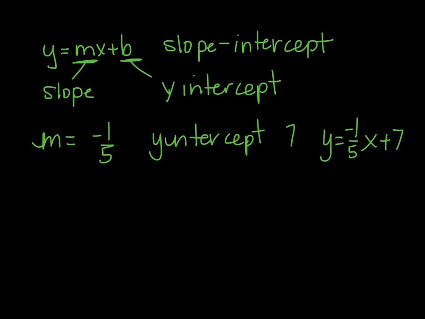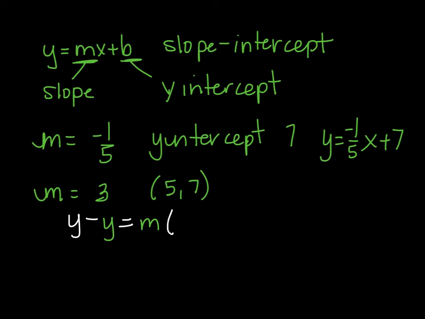But what if I were to tell you that the slope of the line is 3 and it goes through the point 5, 7? Well, if you remember back to algebra, I have a slope and a point. I'm going to use what's called point-slope form, which is y minus the given y equals m times x minus the given x.